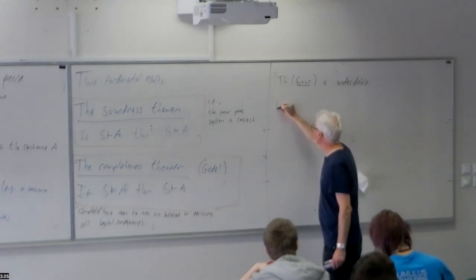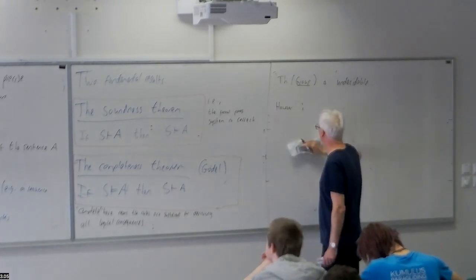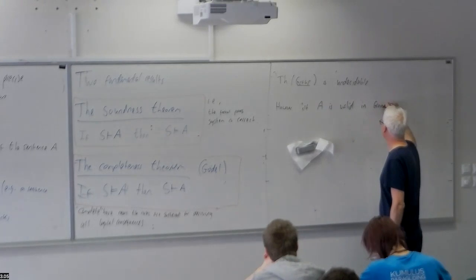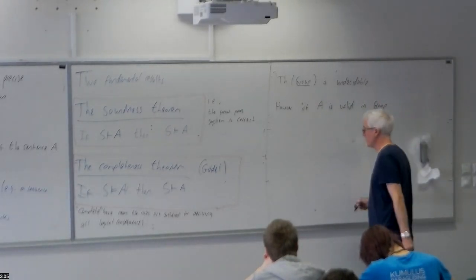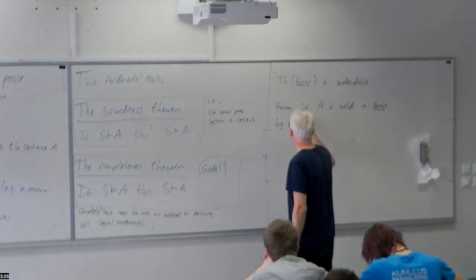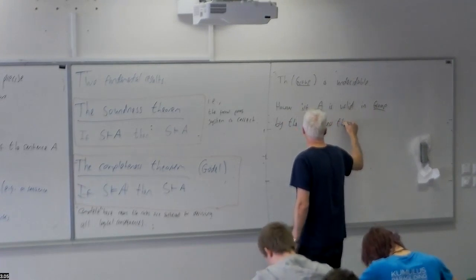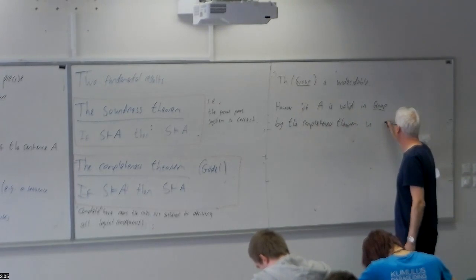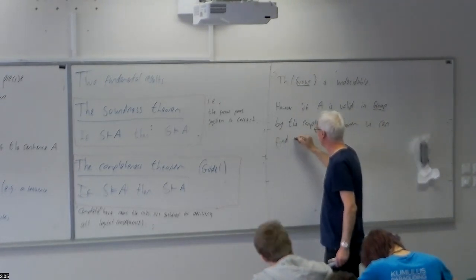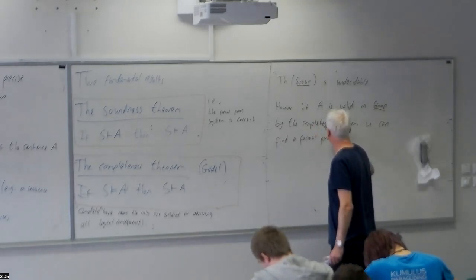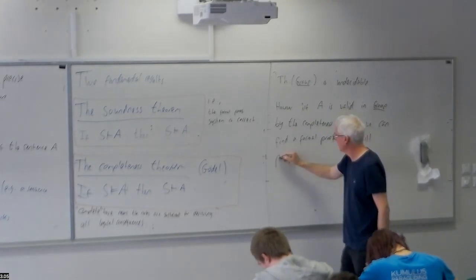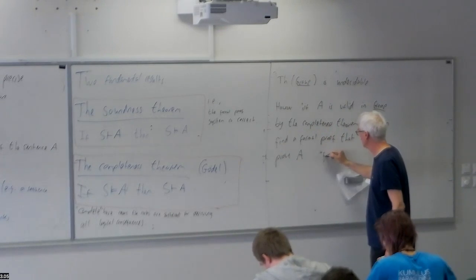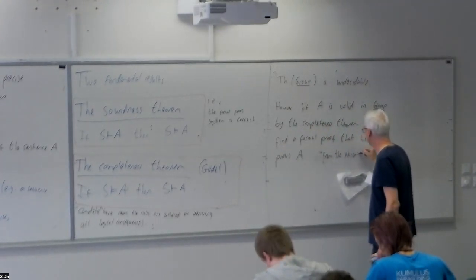However, if A is valid as a sentence in groups, in other words, if A is a sentence in the theory of groups, by the completeness theorem, we can find a formal proof that will prove A from the axioms for groups.